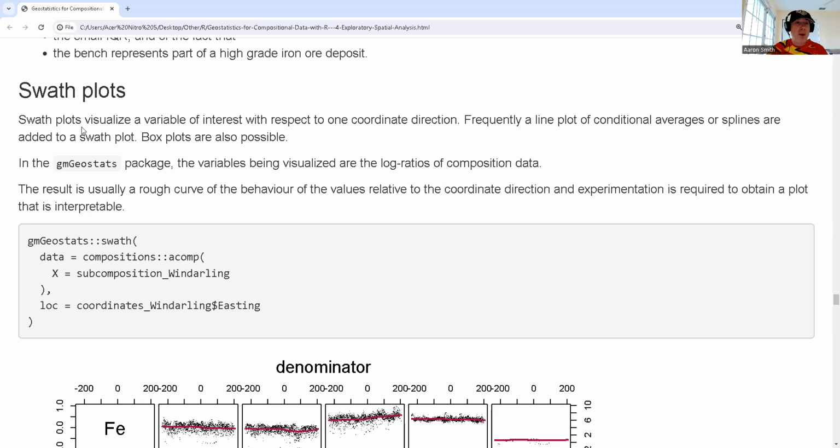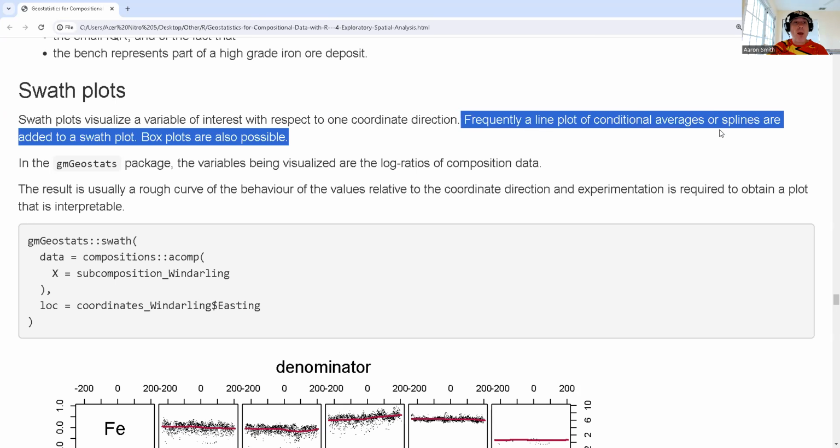All right, so a swath plot visualizes a variable of interest from our composition with respect to one coordinate direction. The ones we were looking at previously had two coordinates going on. Frequently, a line plot of conditional averages or a spline is added to the swath plot to make it easier for us to spot trends.